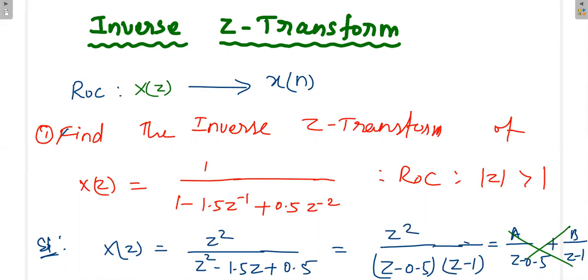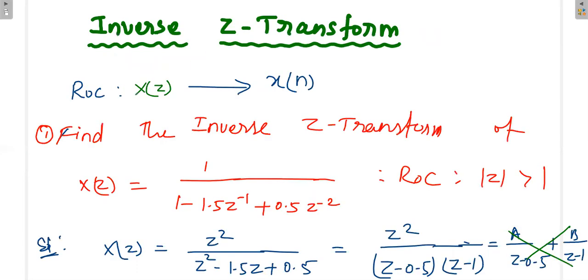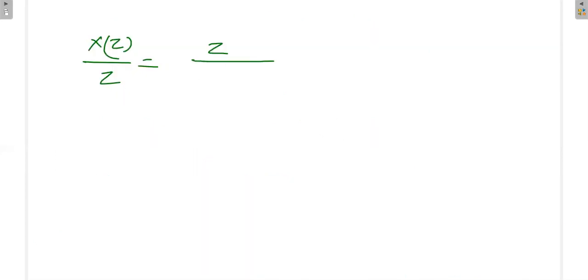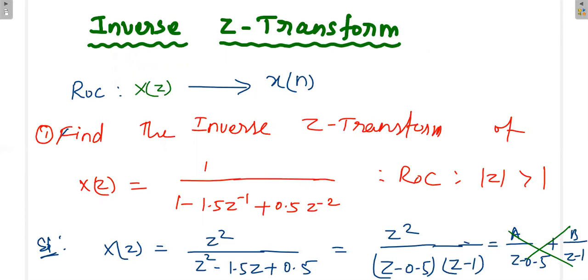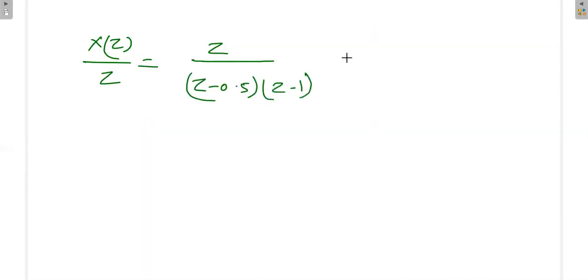You write X of z divided by z, then write the rest of the things here. That means you will be getting z here because one z will go down, so z minus 0.5 into z minus 1. For this you take the partial fraction.